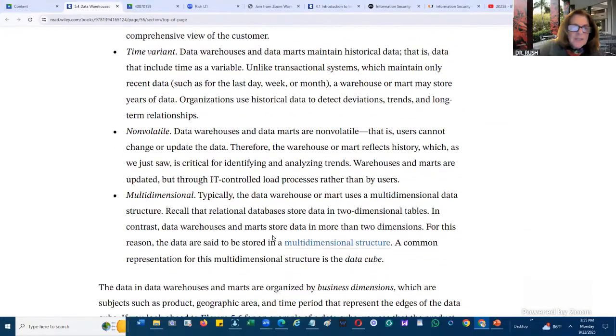And do you see here? They maintain historical data, right, Lauren? So it's going to be time variant. It's going to be historical data. It's not going to be recent. It's going to be non-volatile. So if I think about non-volatile, Ava, what does non-volatile mean?